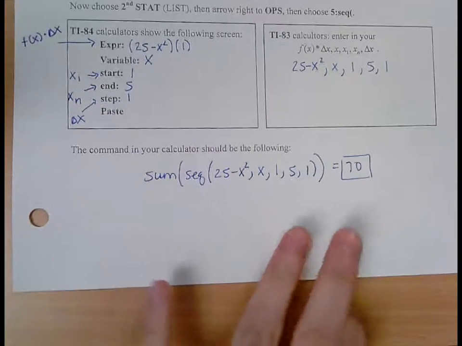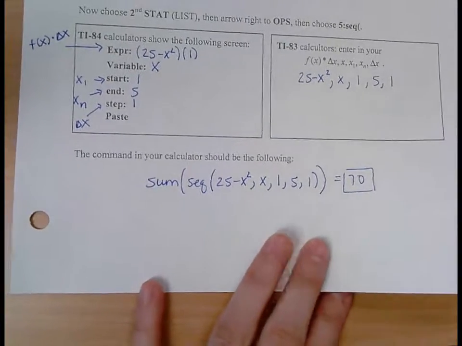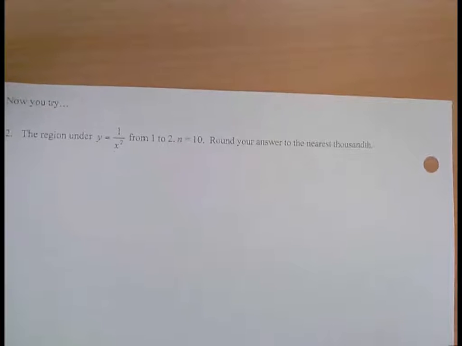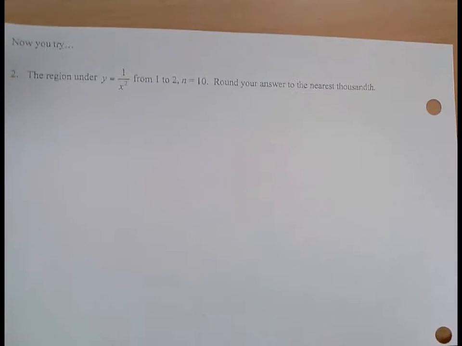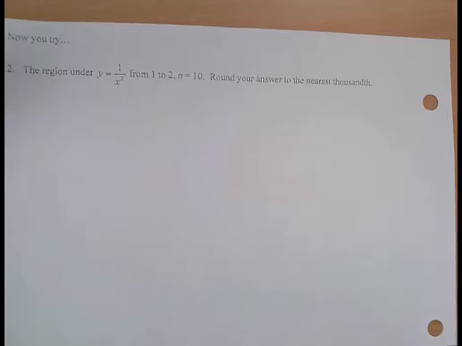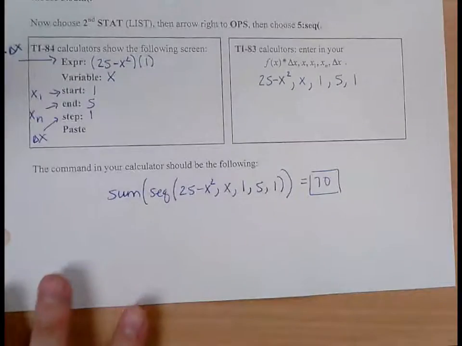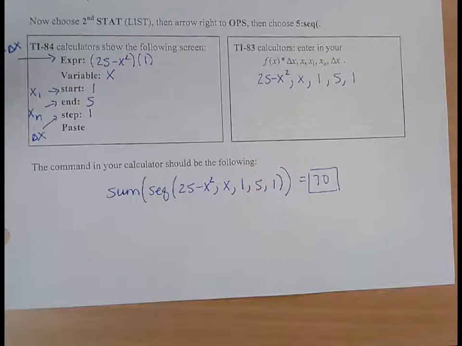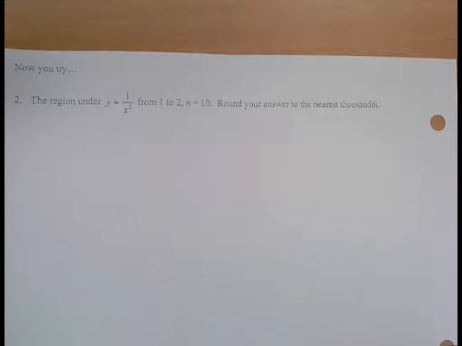Okay? I got it. So the next one, I'll put this back up here, but the next one I'd like you to do on your own. See if you get the right answer. But if you did not get 70 or had trouble typing this in, then you can let me know while I'm walking around. Do the second one first. Find the value from the right and the value from the left.